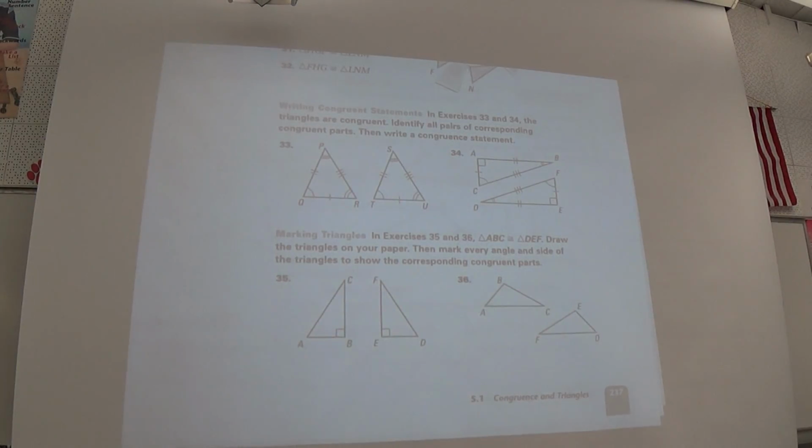Yep, next. PQR is congruent to STU. Okay, next. QRP is congruent to TUS. Okay, very good. Next. PQR is congruent to STU. Okay, next. PRQ is congruent to SUT. Okay, very good. Next. PQR is congruent to STU. Okay, next. PQR is congruent to STU.